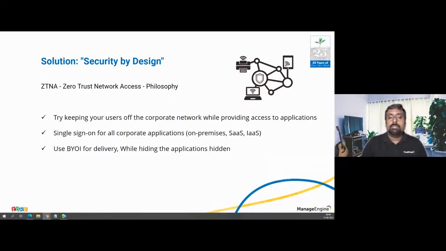That's one of the great approaches. Until it is necessary, you will not show your applications to these endpoints or these users, right? Until you trust them, until you verify everything, then you will show your applications to them. You will not show your applications first and then authenticate later. You'll first authenticate, verify, and then you will expose your applications. So that's what I mean by hiding applications.